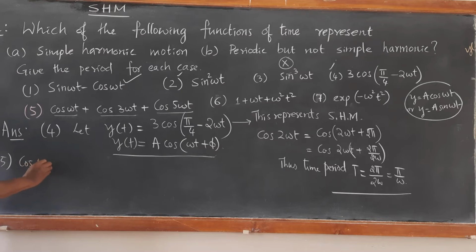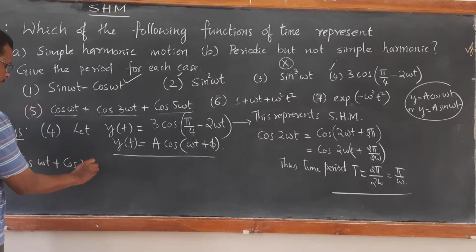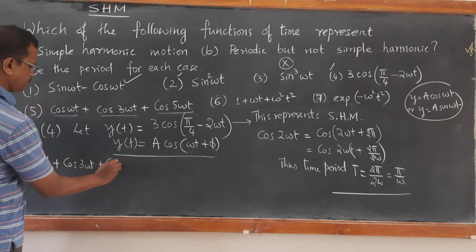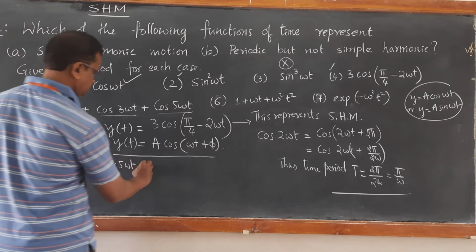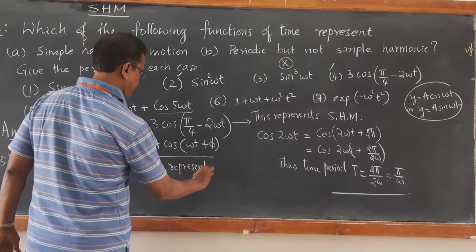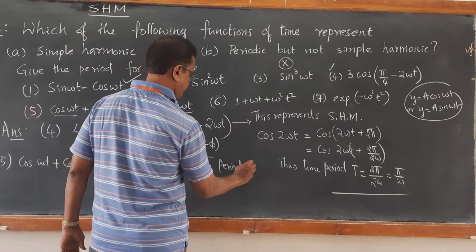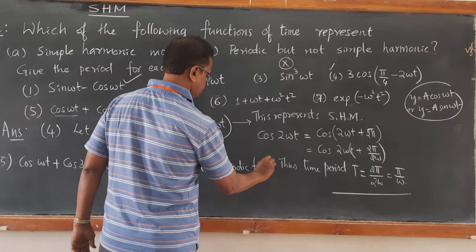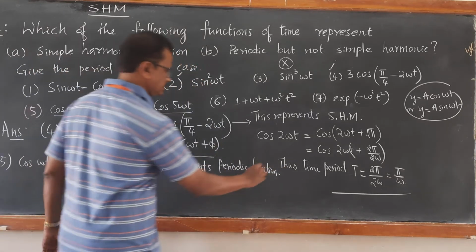Cos omega t plus cos 3 omega t plus cos 5 omega t represents a periodic function. How is it?